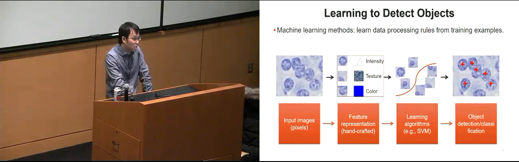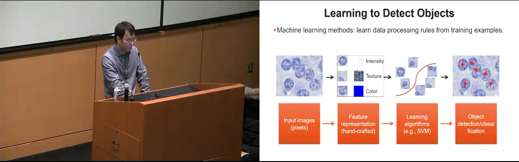Probably you want to use intensity or color or some other features for the quantification, and then train a classifier for the object detection. But there's one potential limitation for this kind of technology, because you need to manually design what kind of features you want to use, or whether these features are robust to different kinds of variations in the images or not.